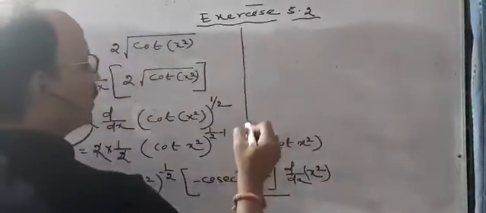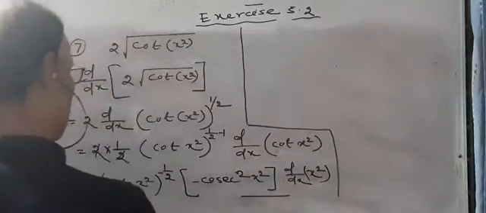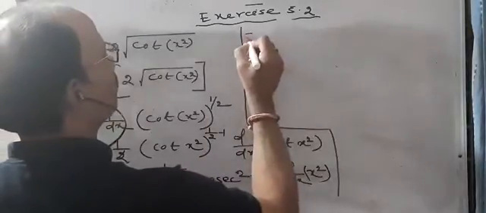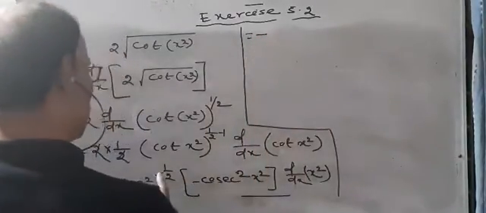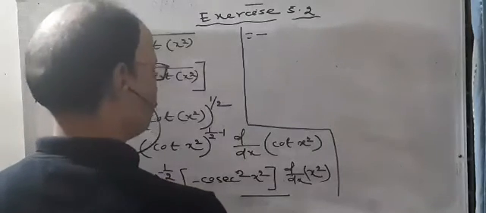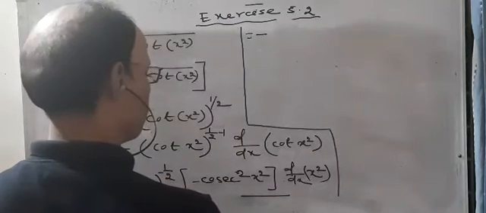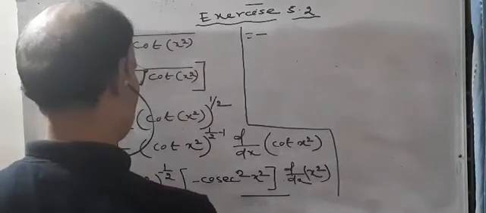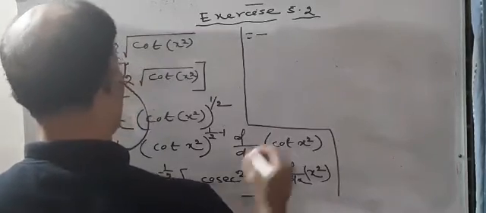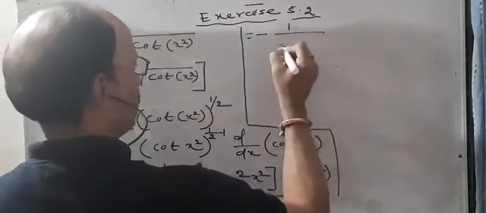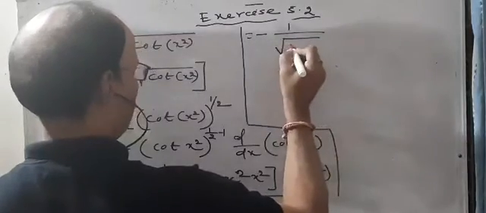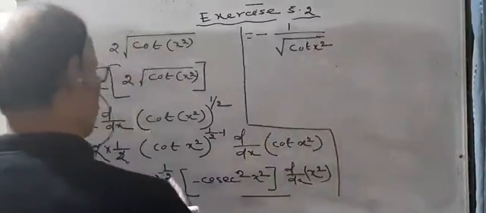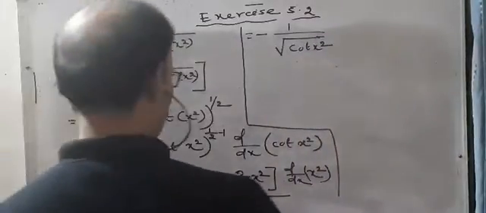So now here we can write this. It will be equal to minus, so take minus to the front. Minus 1 upon 2, so it will be 1 upon cot x square under root, because minus 1 upon 2 means it will go to the denominator.